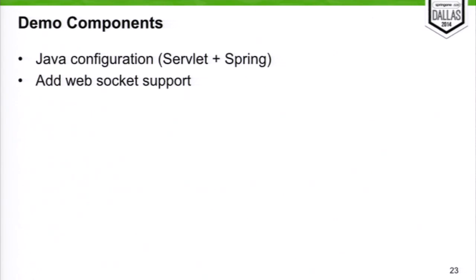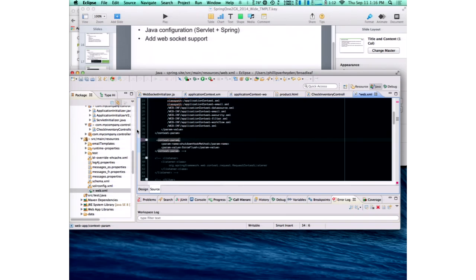We're going to move something from your web.xml and duplicate the configuration in Java config. And then we're going to do the same thing with the Spring context. And then I have an example of how you could take advantage of WebSocket support and how easy it is to bootstrap it onto your existing application. So we'll do that with the Broadleaf demo site.